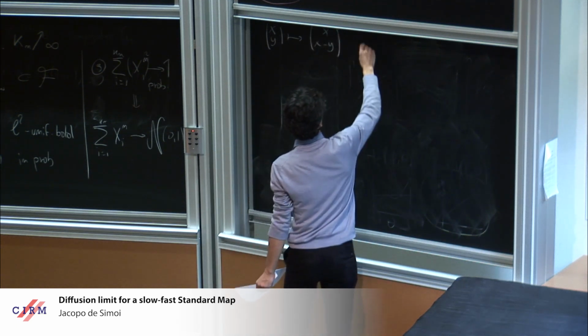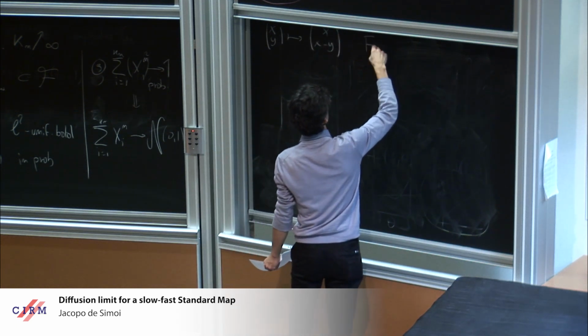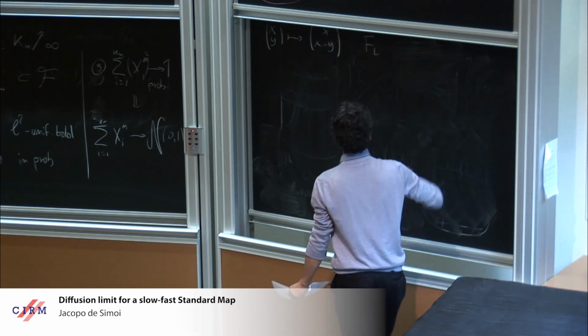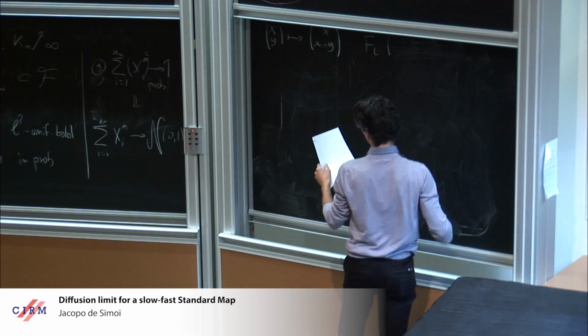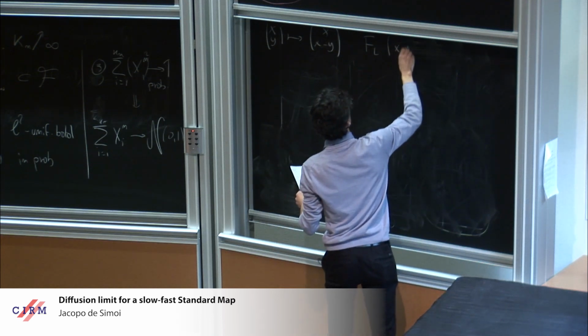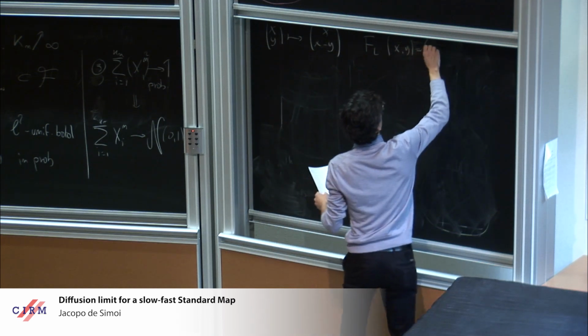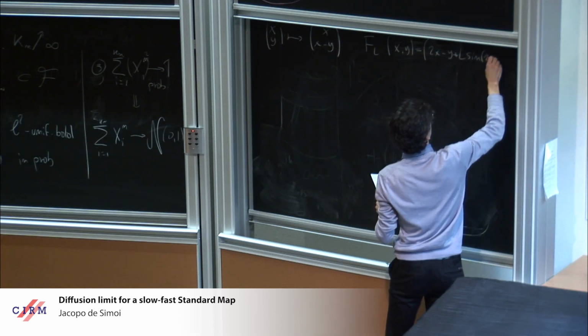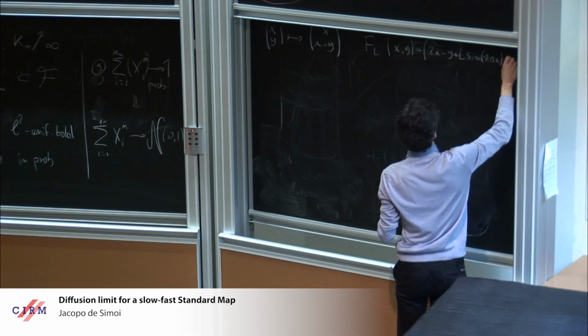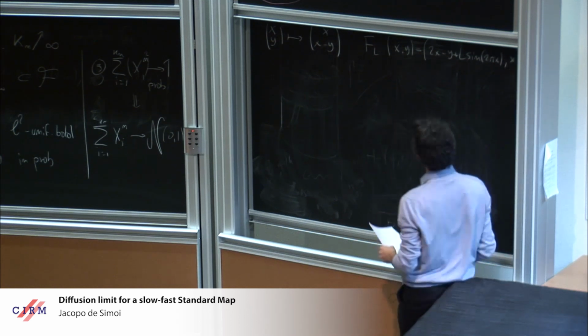And then f_L in these coordinates, I will abuse notation and call it f_L again. I'm already abusing notation by calling this x and y again. So (x, y) goes to (2x minus y plus L sin 2πx, x).